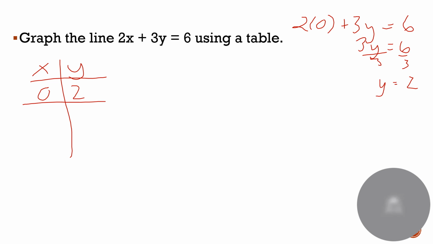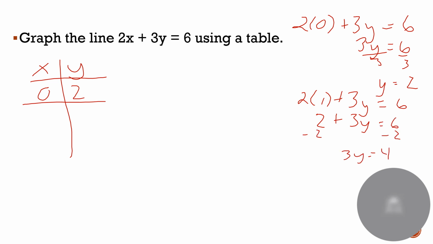And let's try X is equal to 1. Okay, so 2 times 1 is 2, plus 3y is equal to 6. And then we would subtract the 2. And so we end up with 3y is equal to 4. And divide both sides by 3. And y is equal to 4/3 or 1.33333. Okay, not really thrilled with that.